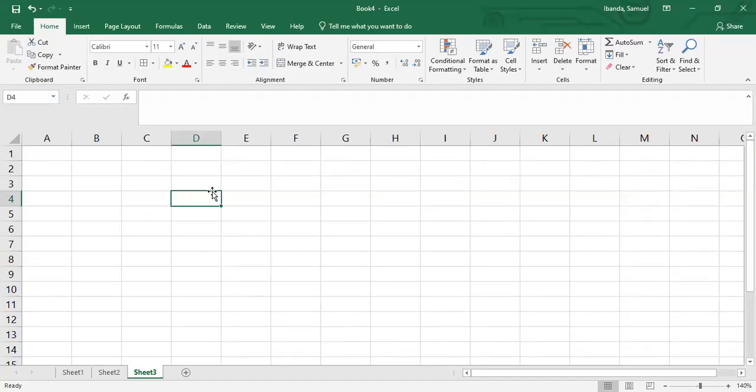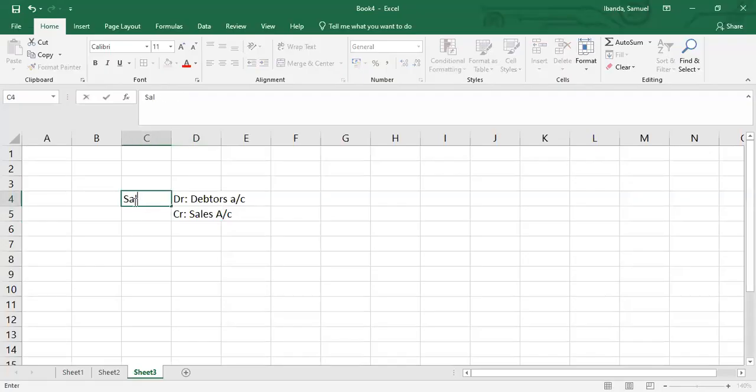And every time we sell items on credit, we shall debit our debtors account and credit our sales account. And this is at the point of sale.